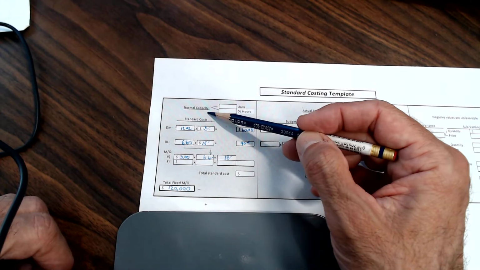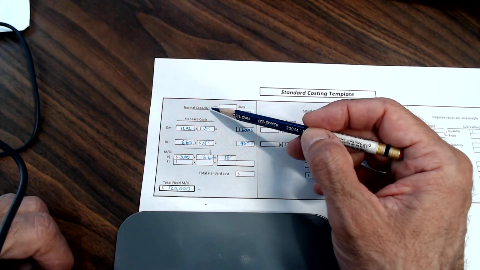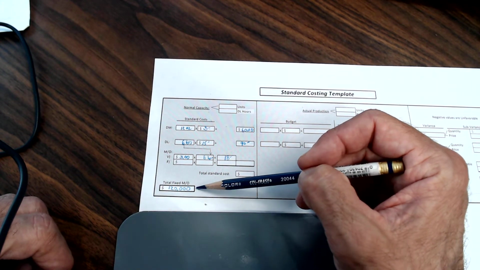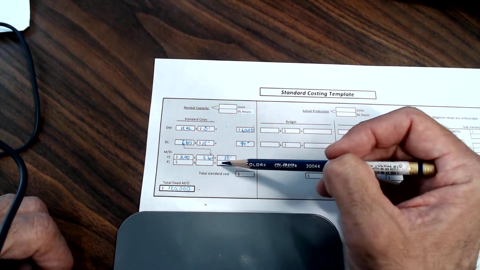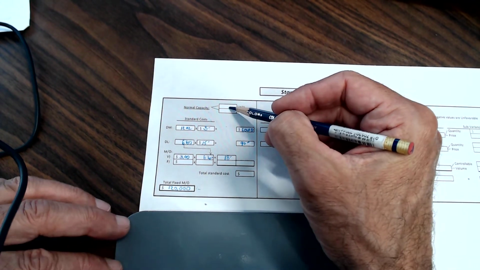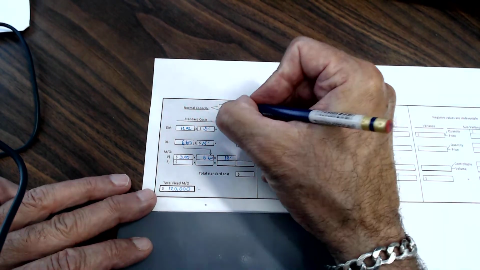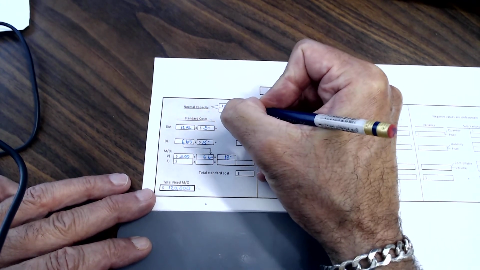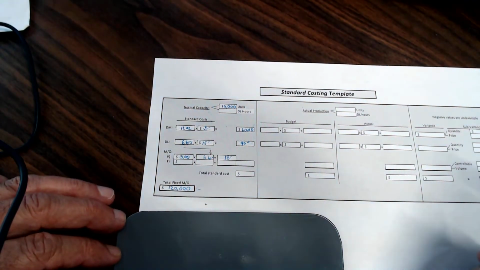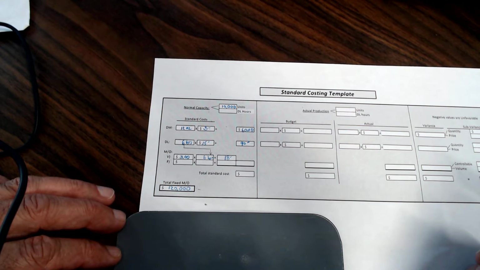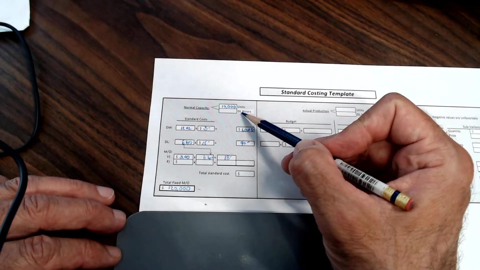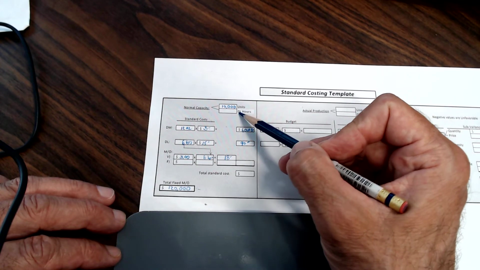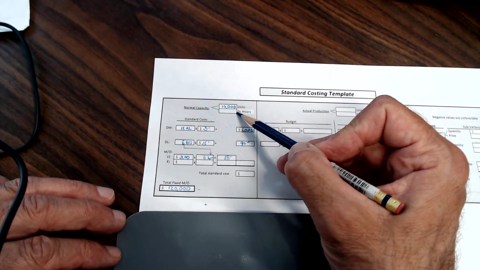That's where I need this normal capacity right here. In order to determine how many units to spread this 120,000 over, I need to ask how many units we normally make. I'm going to say in a normal month, we usually make 10,000 units. And what would then be the normal number of direct labor hours to make 10,000 units?